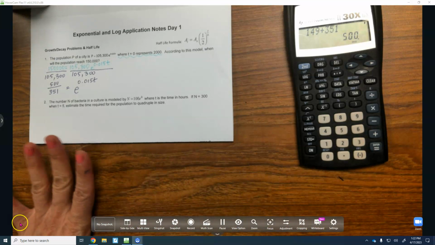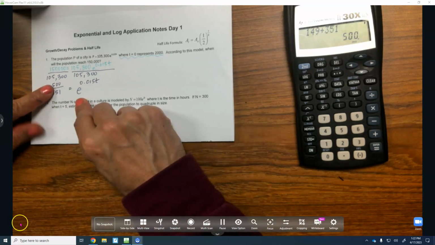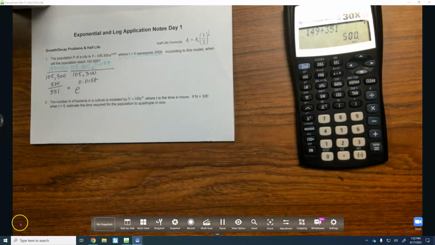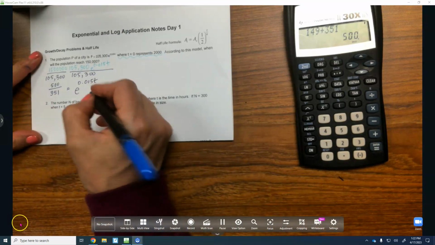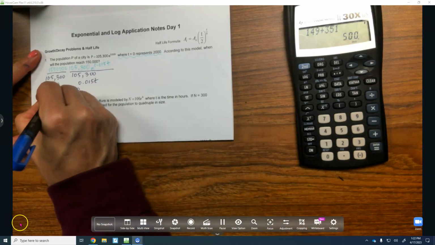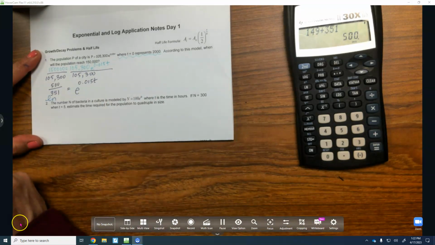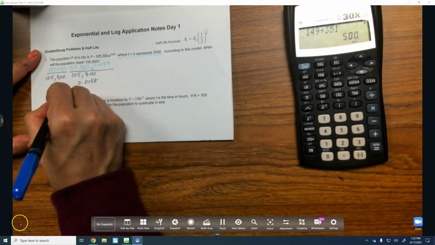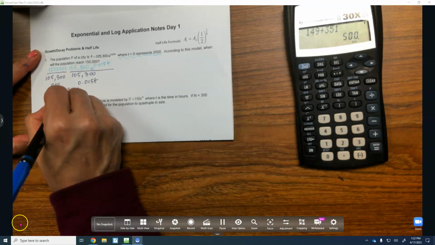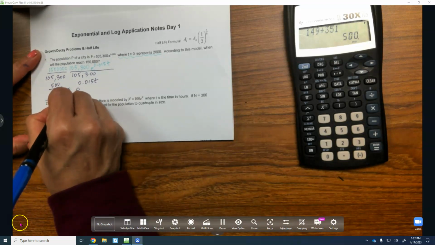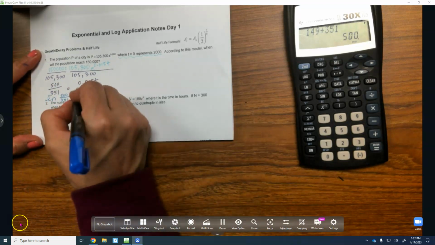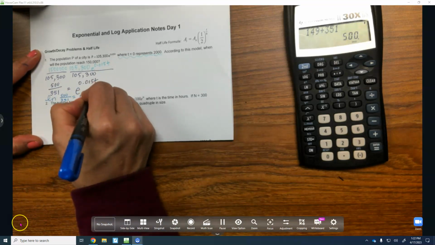Okay, so now that we have that, remember, can I make this a base of E? No, I cannot. So now we're going to go ahead and convert it to log form. So this is going to be ln. And that takes care of the E. Remember, the argument hops over to the same side where the log is. And remember, logs always equal exponents.